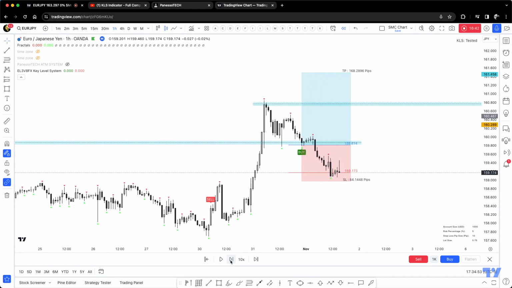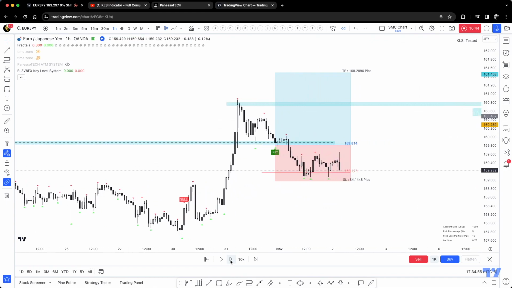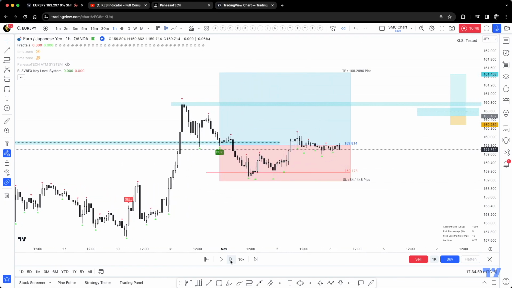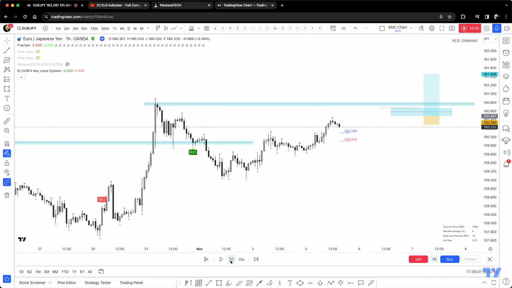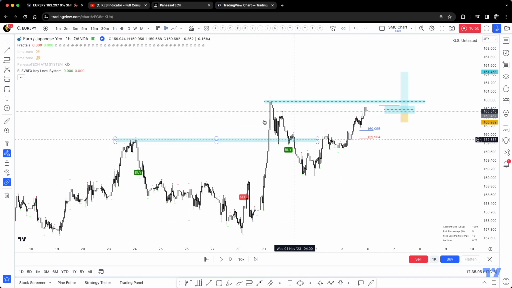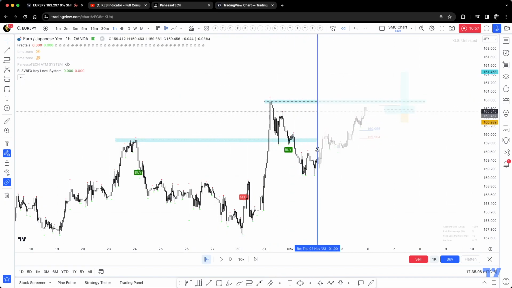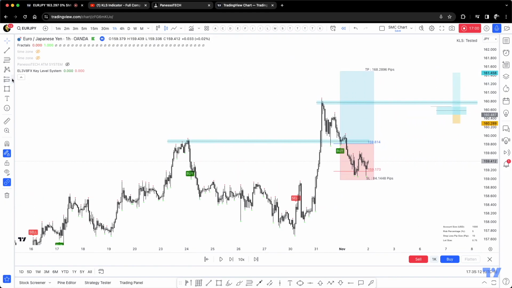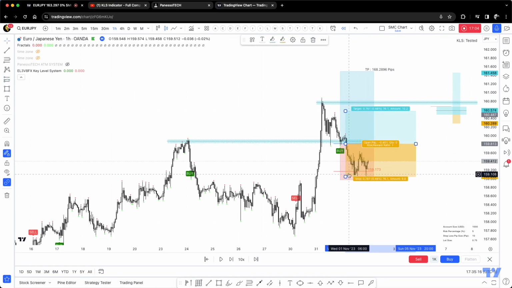Did we get stopped out? Let's see what happened. Of course, it's reprinting again, but this entry would still be valid. Let me go here, and I'm just going to mark it up right here.